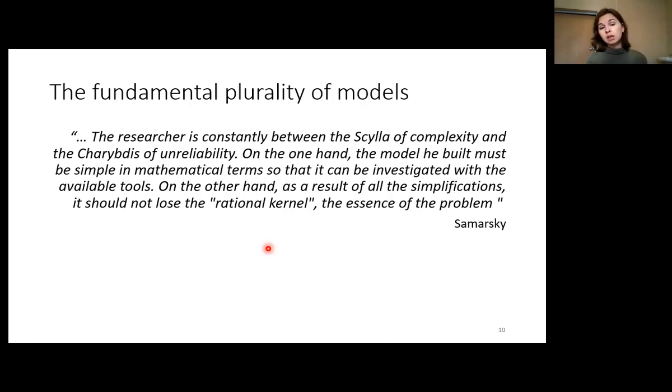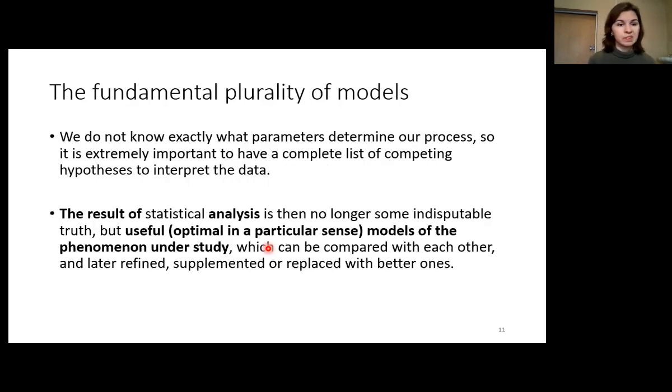On the other hand, as a result of all these simplifications, it should not lose the rational kernel, the essence of the problem, and the model is the simplest representation of the original object. We need to balance simplicity and complexity, so it's a problem.